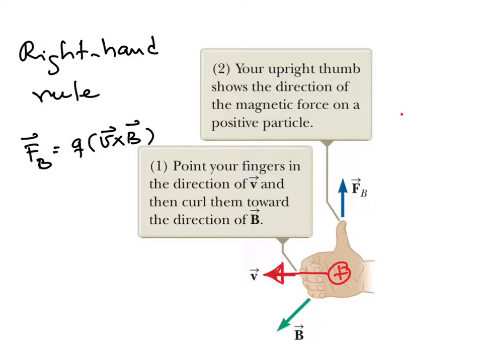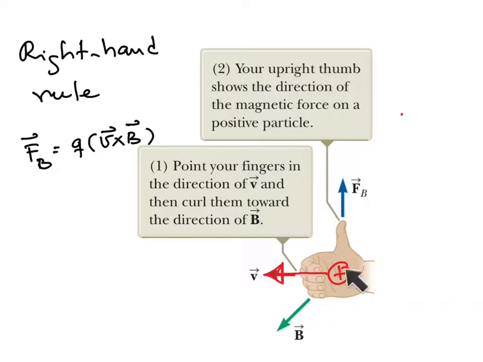But we have this q in front of the v cross B. So if q is positive, q times v cross B will point in the same direction as v cross B, right?